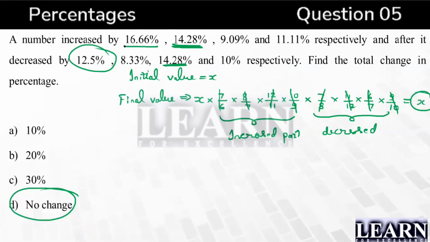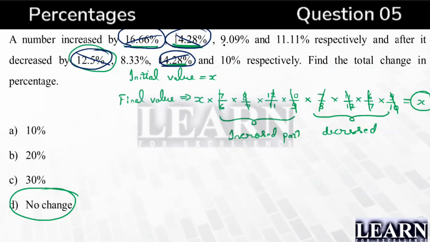If there is an increase of 1 by 6, what do I have to decrease? I have to decrease by 1 by 7. So in the decrease part I have 1 by 7, and I'll cancel this and this. If 1 by 7 is the increase, I need to decrease 1 by 8. Yes, this is 1 by 8. Cancel this and this. This is 1 by 11.